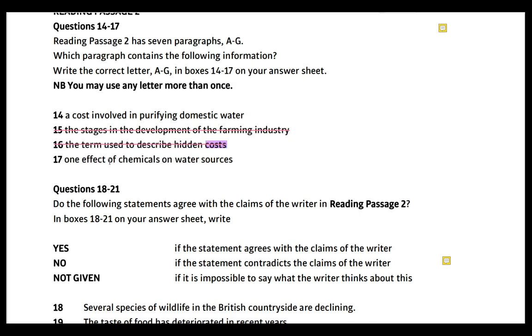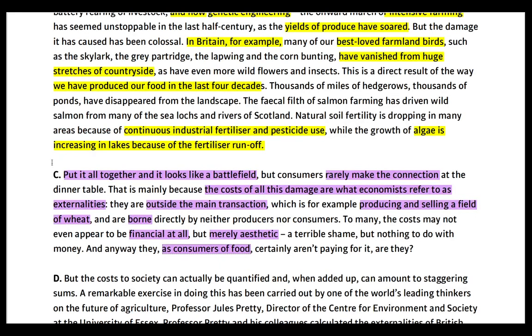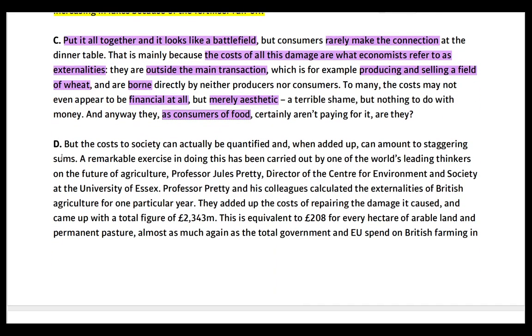One effect of chemicals and water reuse is the cost involved in purifying domestic water. We're still left with number 2 of the options.